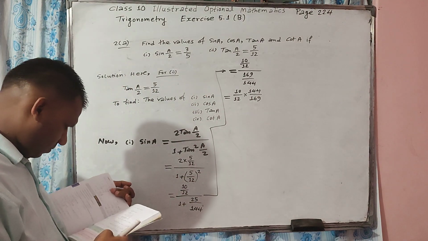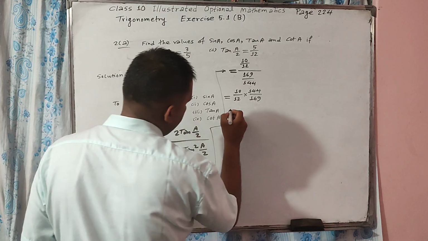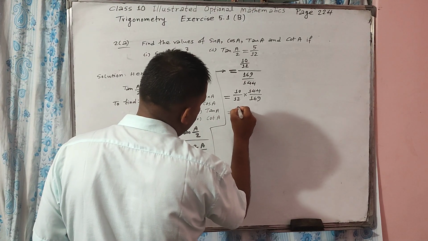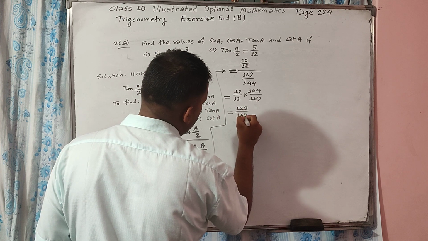Now it becomes 120 by 169. Sin A is 120 upon 169.